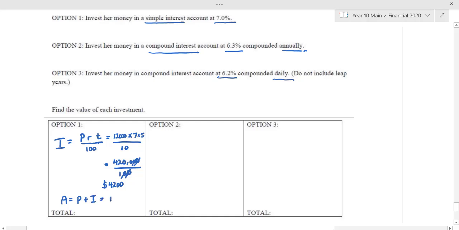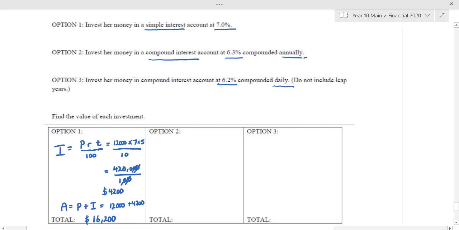So if I add 4,200 to 12,000, that's going to give us a grand total of $16,200. Now notice that this one here, 7% is our best rate. Okay, but it's simple interest, so it's not compounding, which is really powerful.